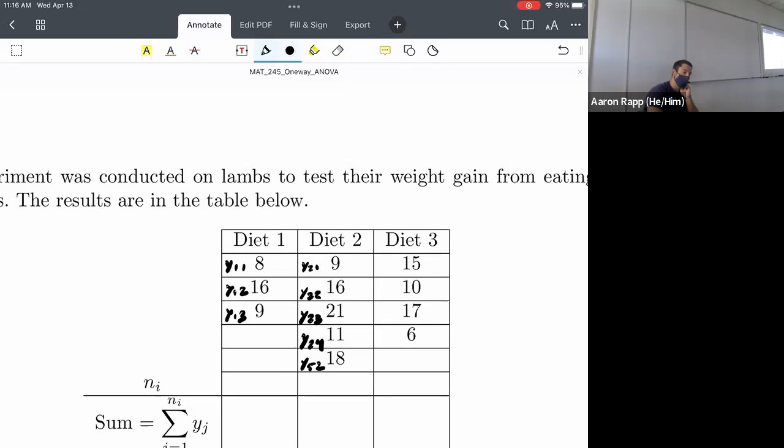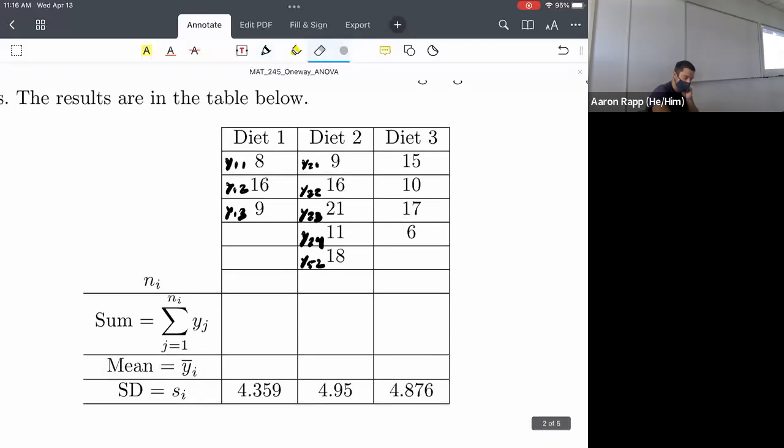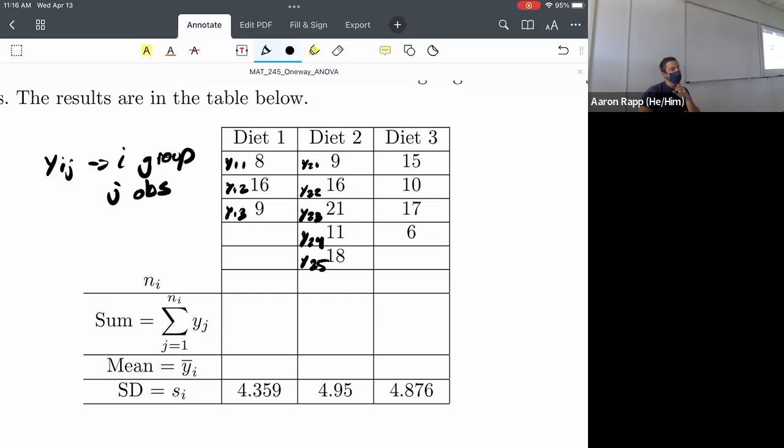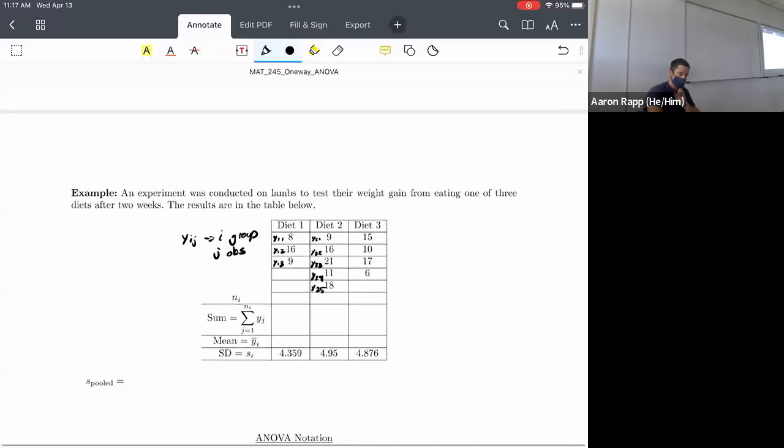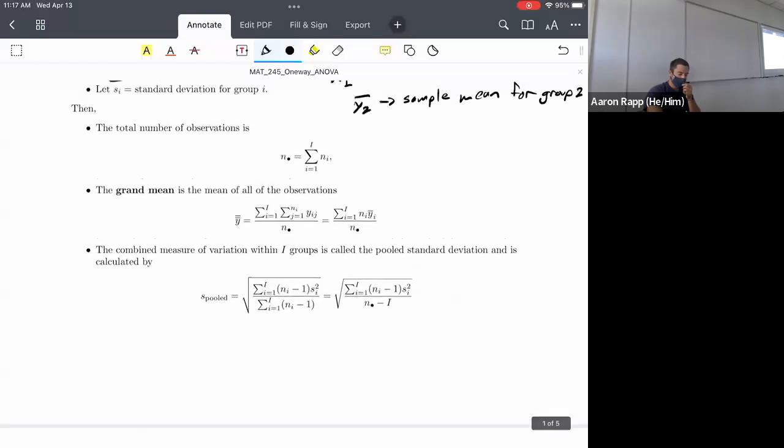It wouldn't be Y2 what? Whoops, I already flipped that around. Yeah, so I had it right. You made me second guess myself. Because it's Y_IJ, where I is the group, J is the observation. All right.